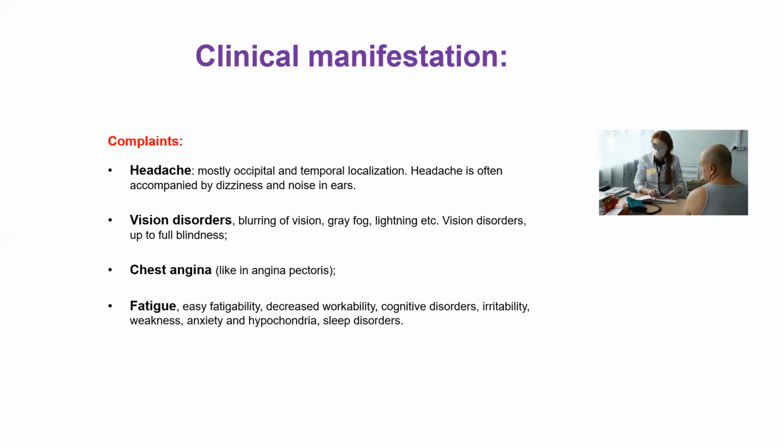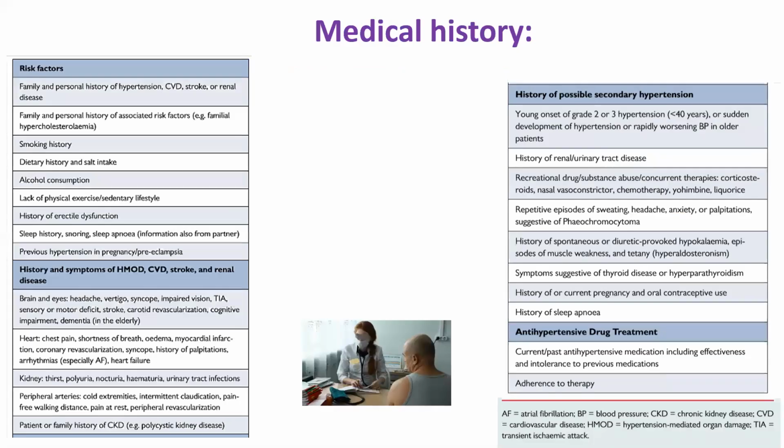But the presence of these symptoms cannot guarantee the diagnosis of hypertension, and conversely, patients without these symptoms can have hypertension. That's why we rely on other objective diagnostic signs for confirming hypertension.